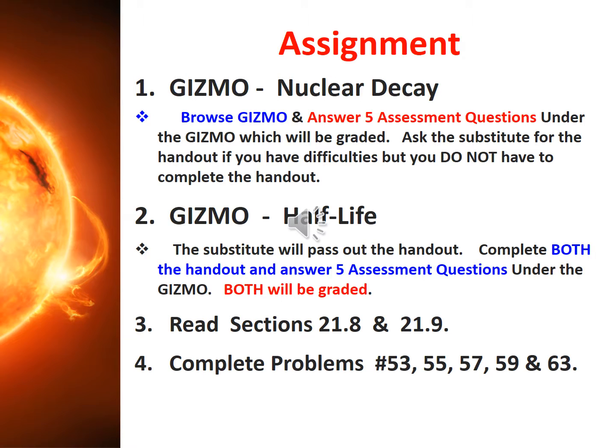If you would like the handout, ask the substitute for it if you have difficulties, but you do not have to complete the entire handout, though it might help you along with the gizmo. So complete those 5 questions. Next is the gizmo half-life. The substitute will pass out the handout, and please complete both the handout and answer the 5 assessment questions under the gizmo. Both will be graded.